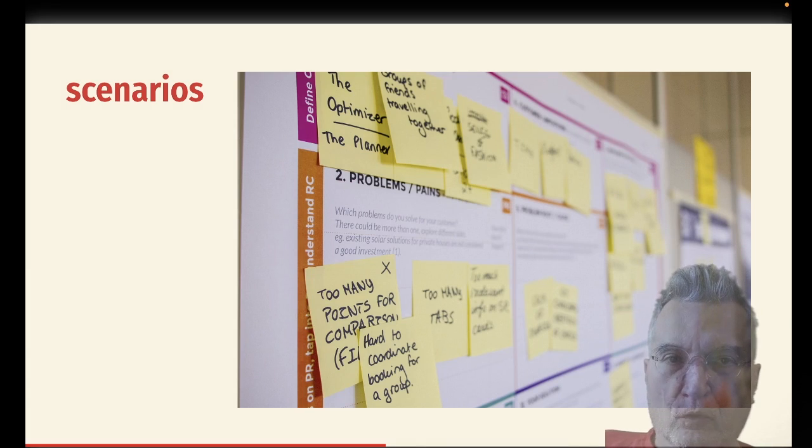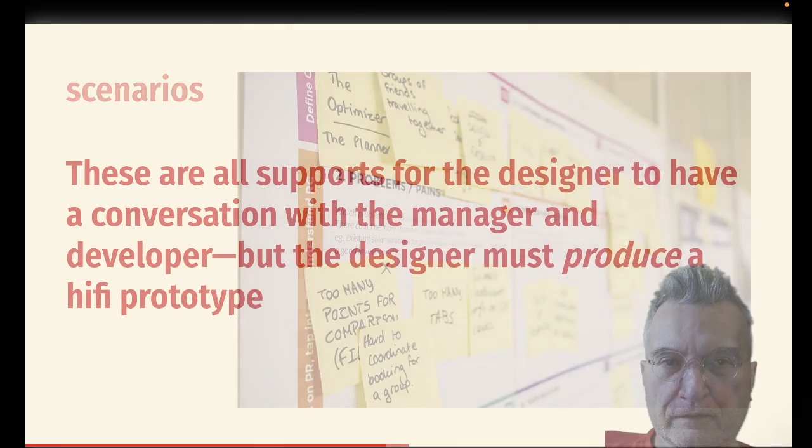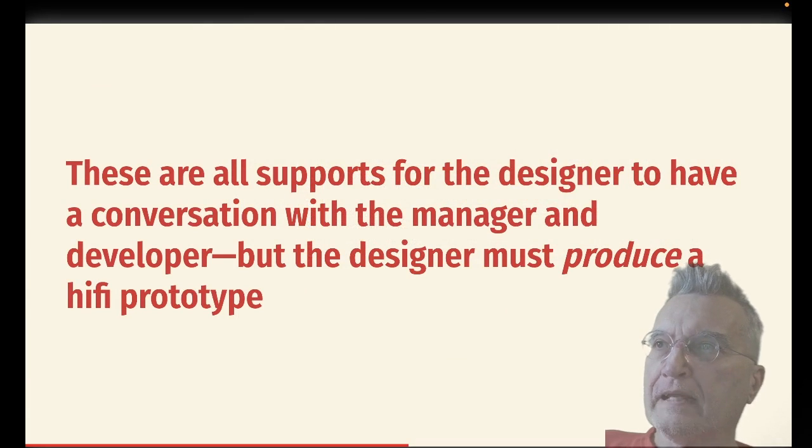Scenarios are like storyboards, but more specific. They depict a successful use of the product. And all these things that I've just mentioned are supports for the designer to have a conversation with the manager and developer. But the designer must produce a hi-fi prototype.